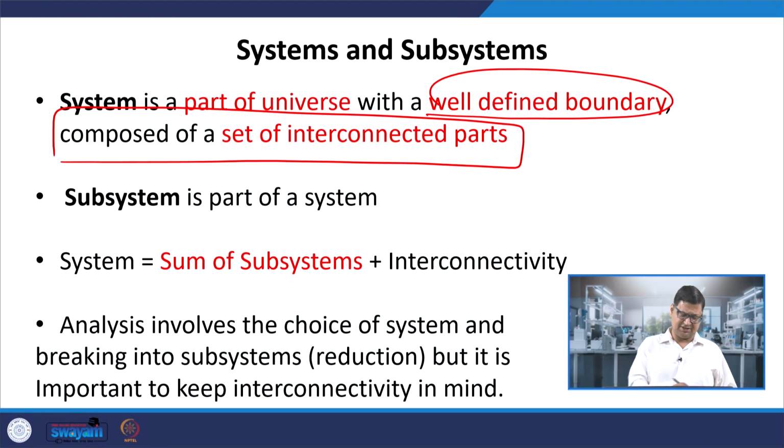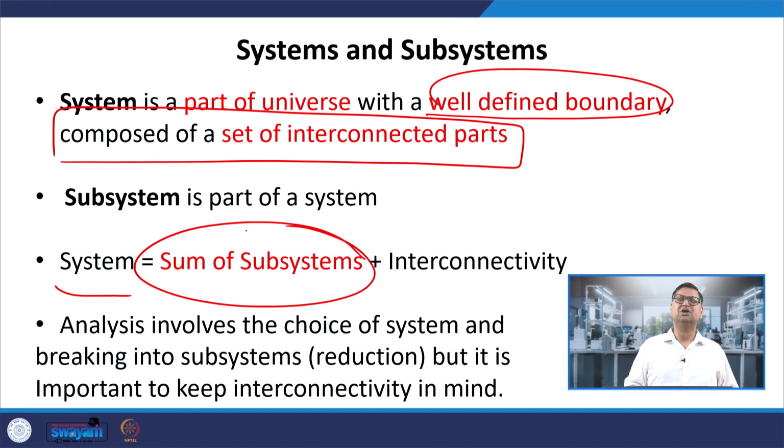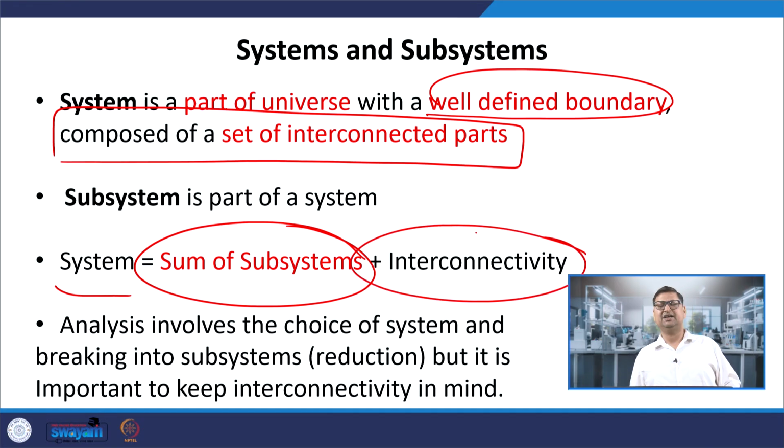So, you can think about a system as the subsystems or the parts that constitute it and how those parts are interconnected. Let us say, for example, I think about a car. The subsystems of the car are the wheels, the seats, the engine and all that, right. But just the wheels and the seats do not make up a car.